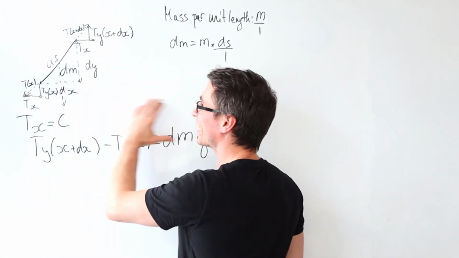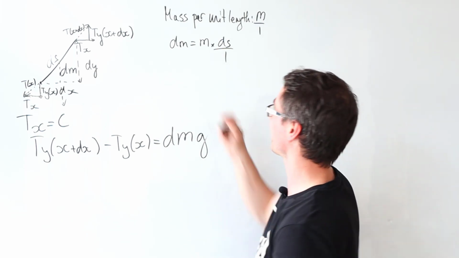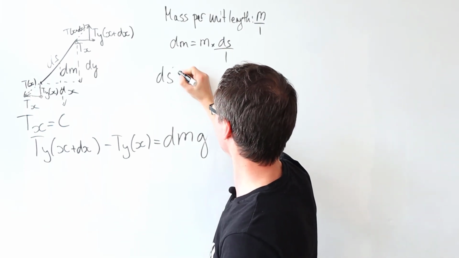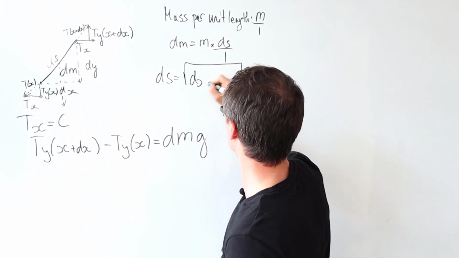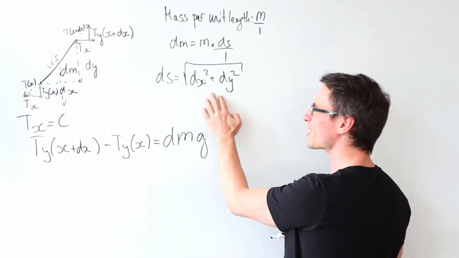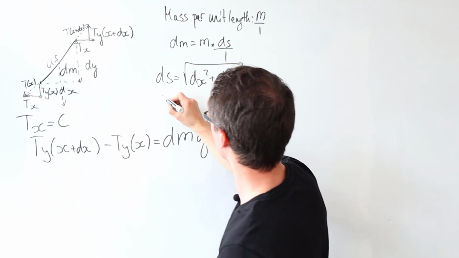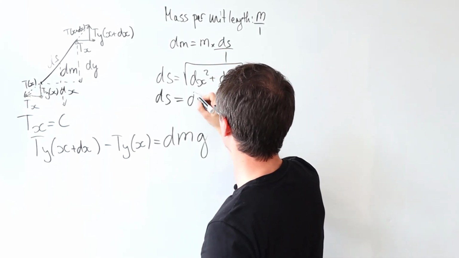In the limit that this triangle is really small, I can directly apply Pythagoras' theorem, and I can say that ds will be the square root of dx squared plus dy squared. Now let's just take dx outside of the square root sign. So what are we going to get?